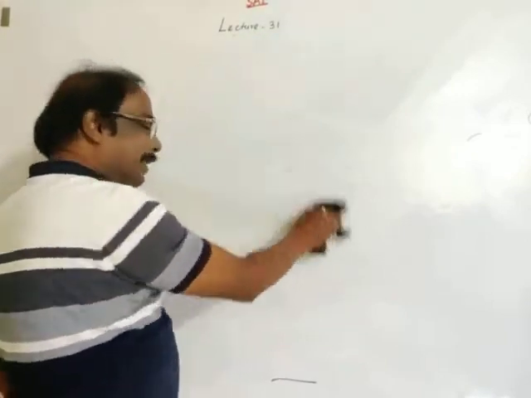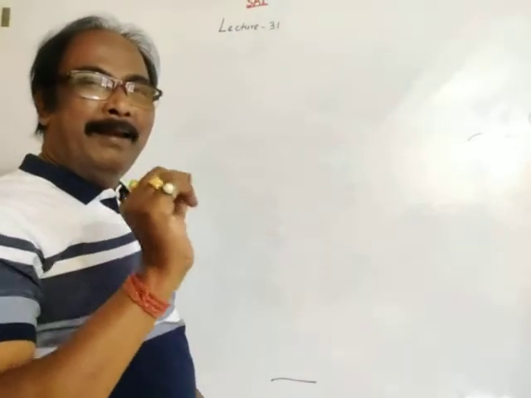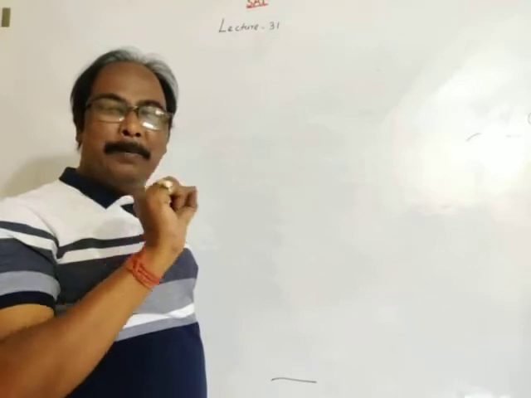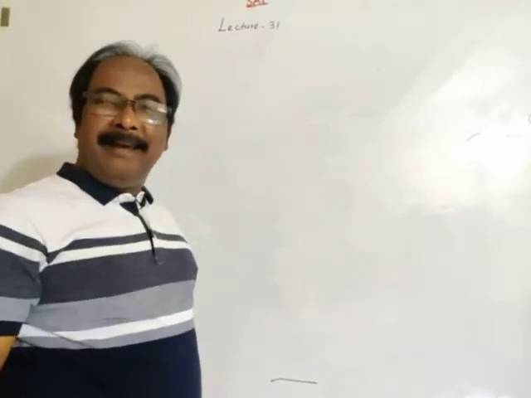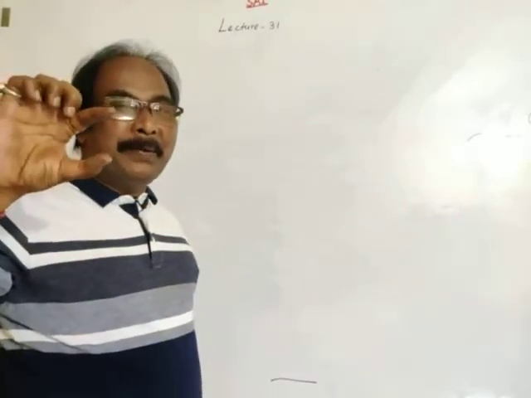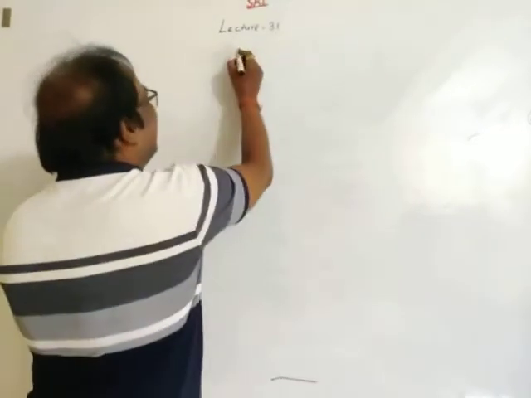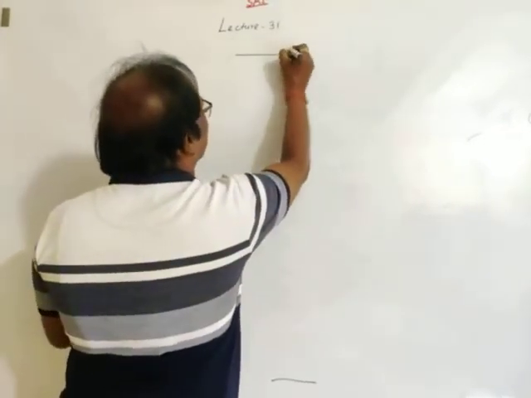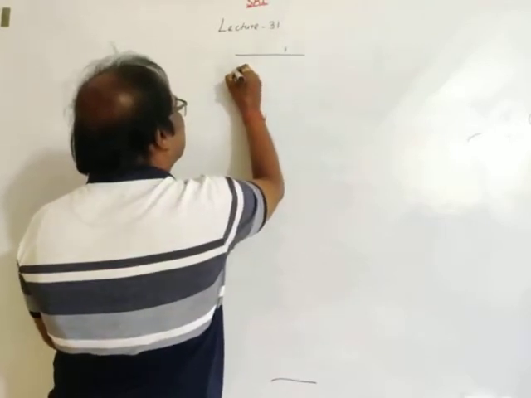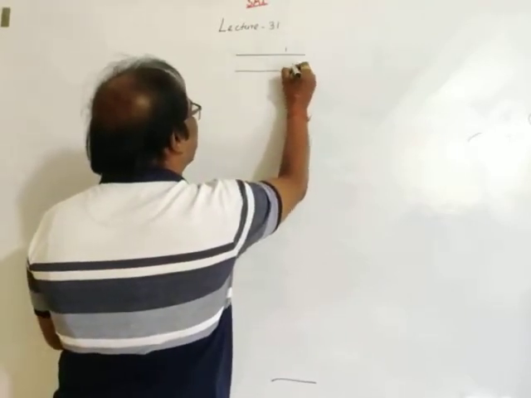Let's take 10 identical metallic plates, each of surface area A, and the separation between two nearer plates is D. The same consideration. This is plate number 1, the first plate. This is plate number 2, the second plate.